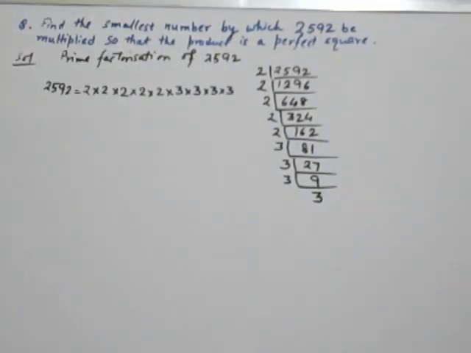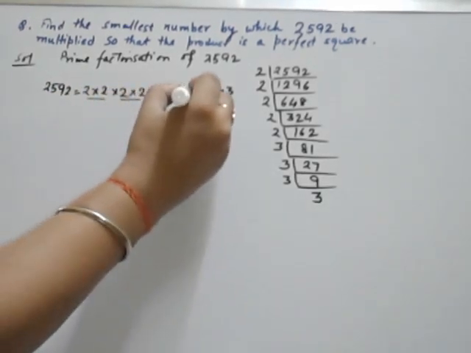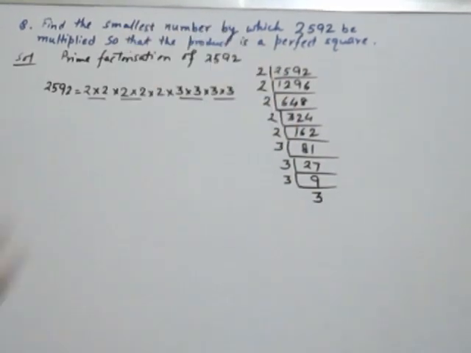now here, if you group in pairs the product of primes, here one pair, here another pair, here another pair, here another, but one 2 is left.